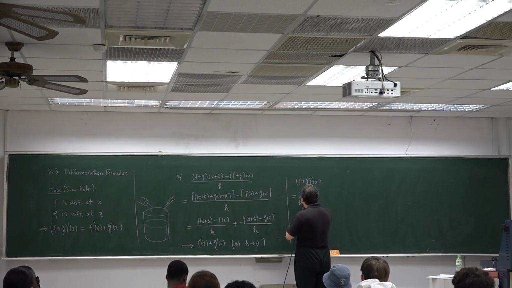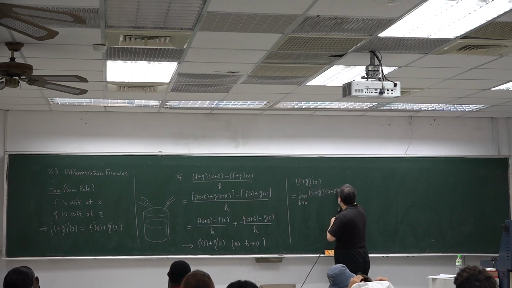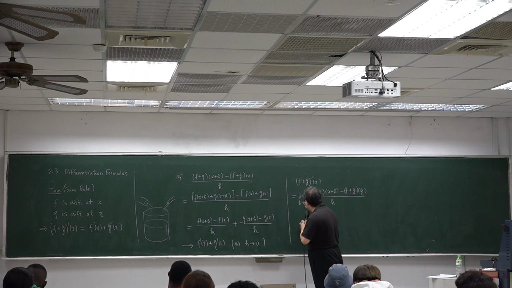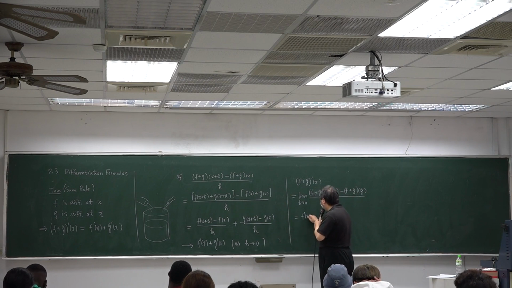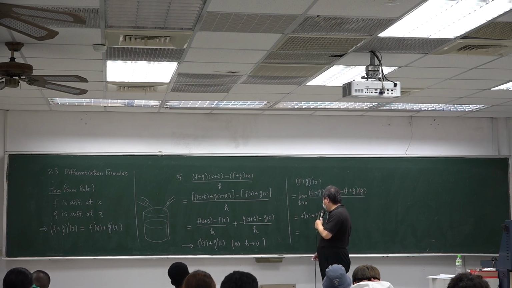And by definition, this is the limit of the difference quotient. And this limit is f prime of x plus g prime of x. So you can also express this by f prime plus g prime of x.